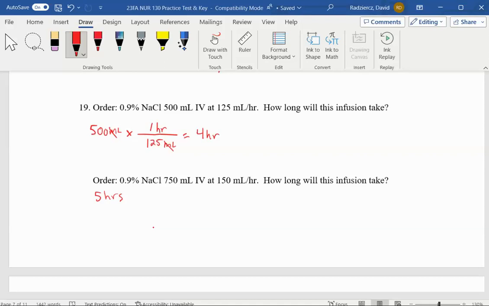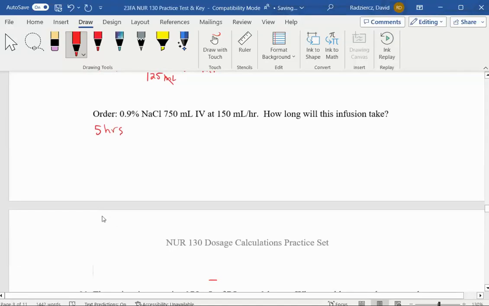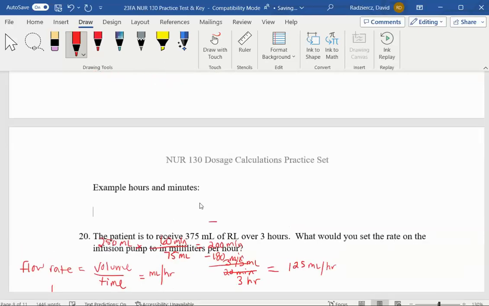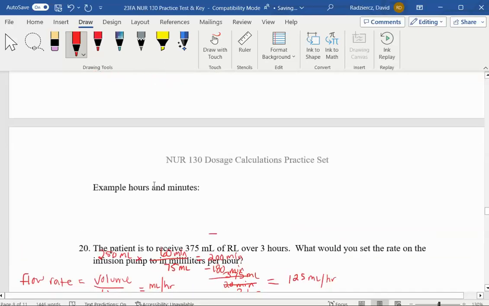Now, what if you got something that gave you hours and minutes, and you wanted to know the actual time?